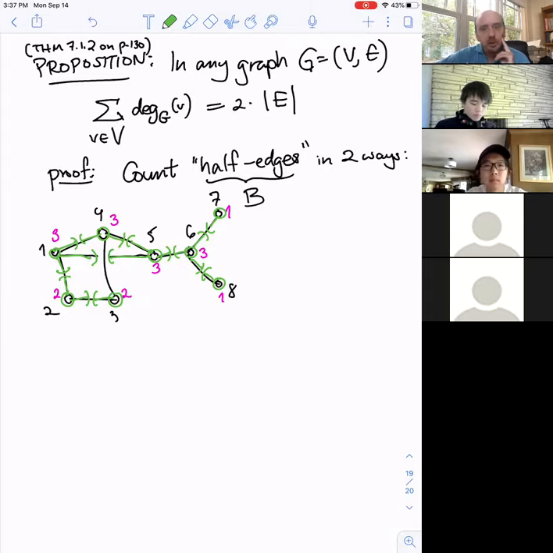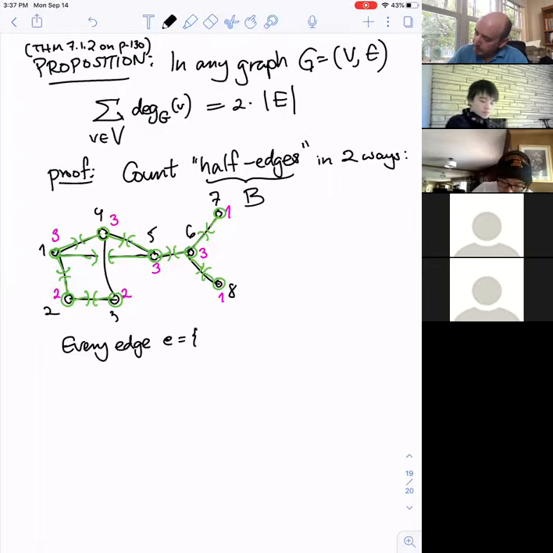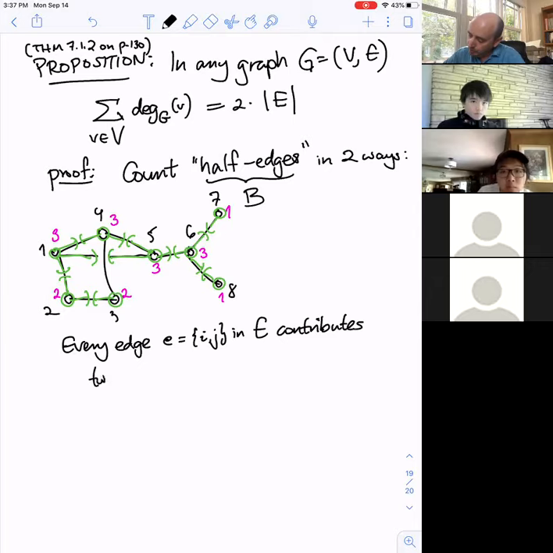And so what I want to do is think about counting that set in two ways. So every edge e, say with vertices i and j, every one of those things in our set of edges, capital E, contributes two half edges.